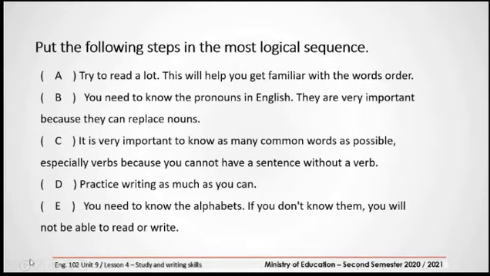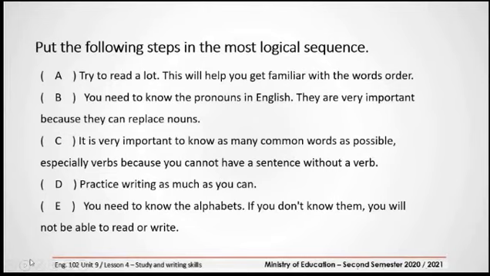What you have to do is put them in the most logical sequence. So, for example, you say C is number one. So in one message, you write B is one, D is two, like this.